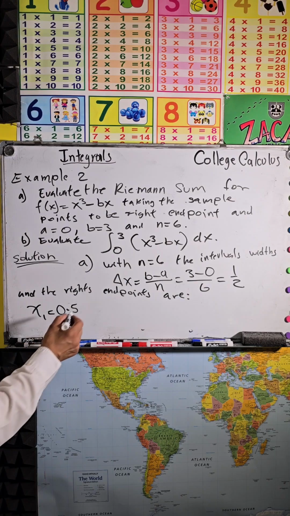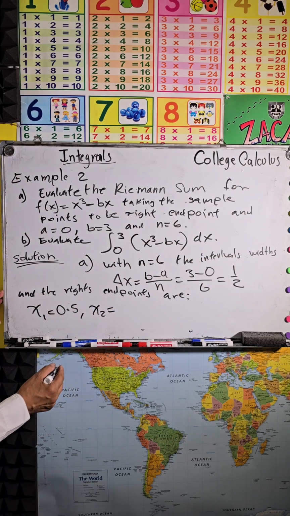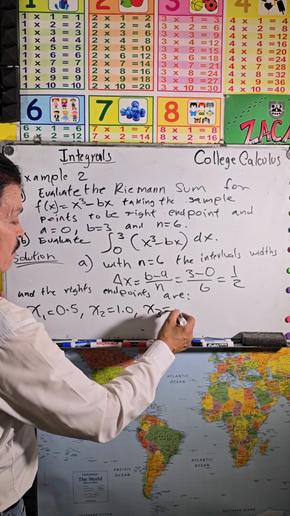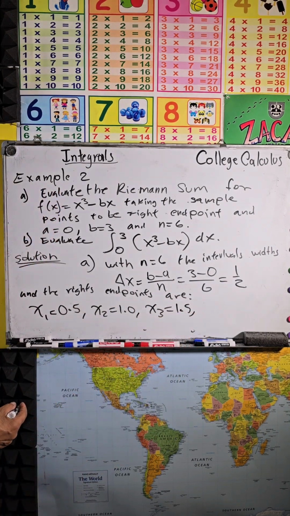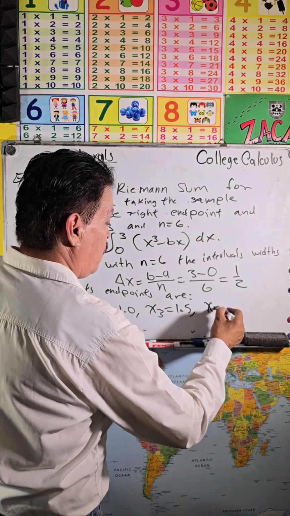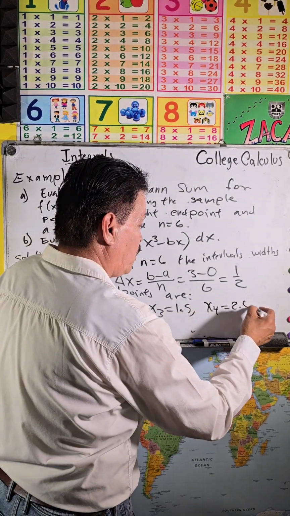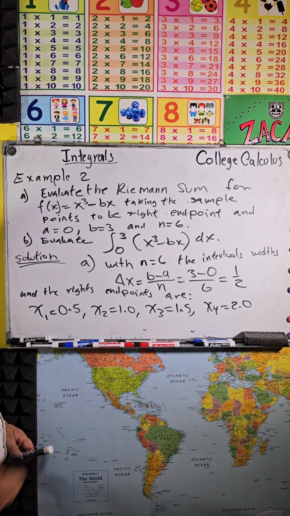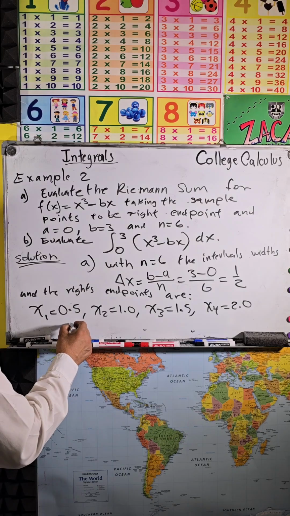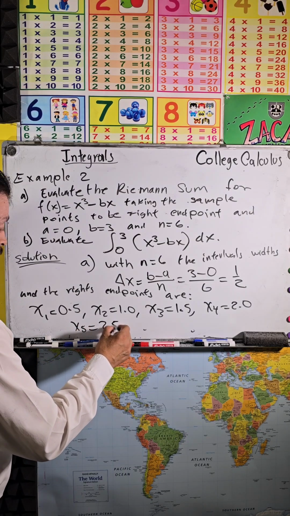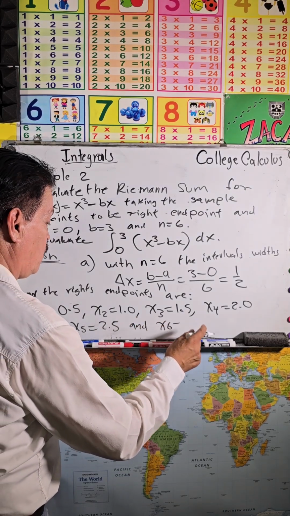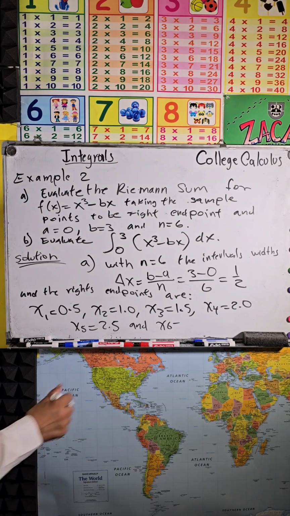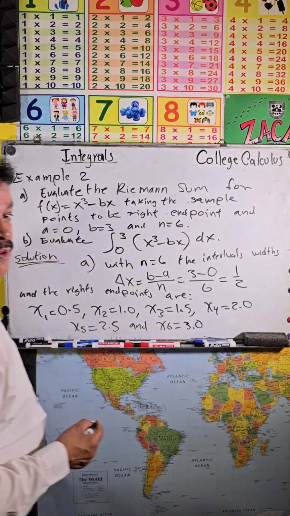And then x2 equals 1.0, x3 equals 1.5, and then x4 equals 2.0, x5 equals 2.5, and x6 equals 3.0, right? 3.0.